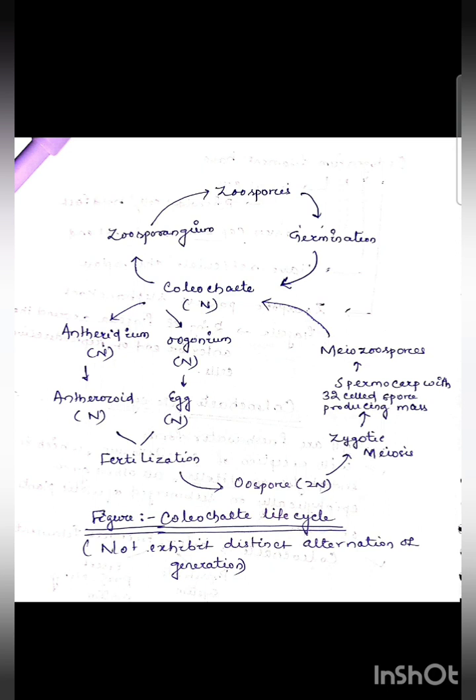Then it undergoes meiosis again to form a spermocarp with 32 spore producing mass. They produce 32 meiozoospores, which upon germination form again the gametophytic plant. So the life cycle of Coleochaete is characterized by a haploid adult and zygotic meiosis. So the life cycle is haplontic or haploid in nature. Okay.